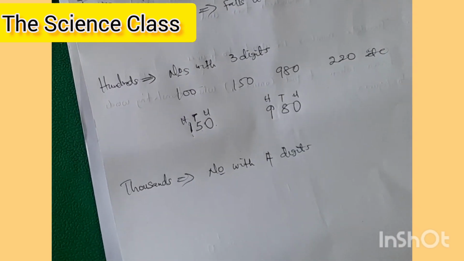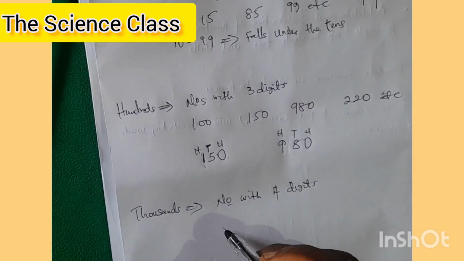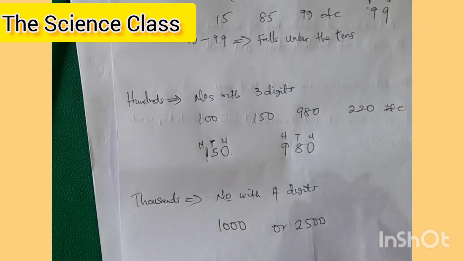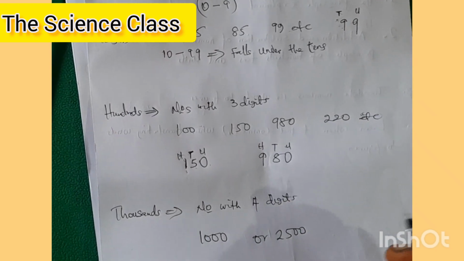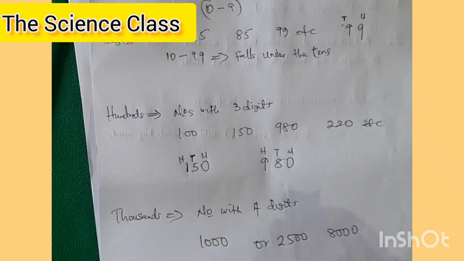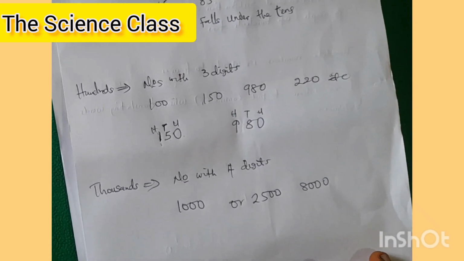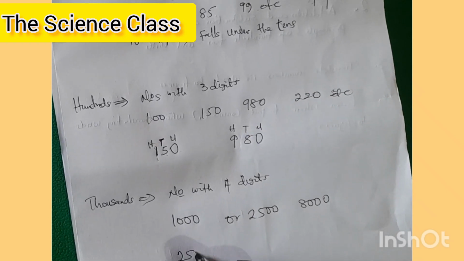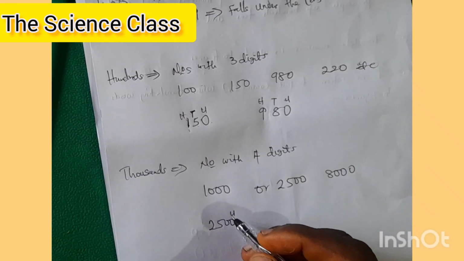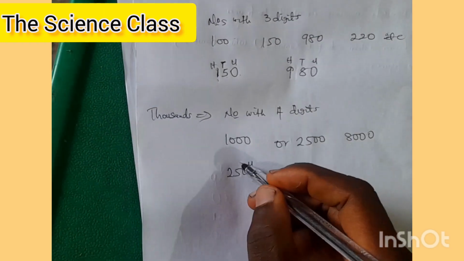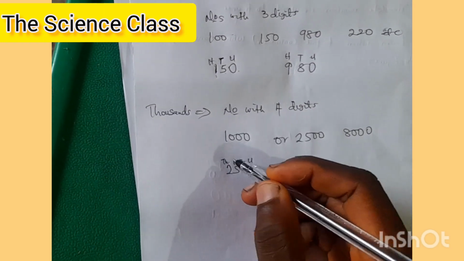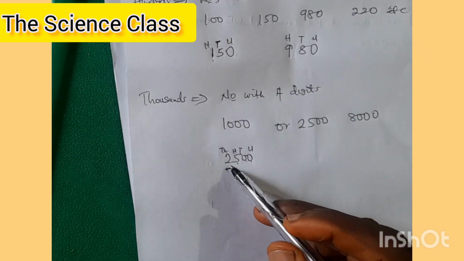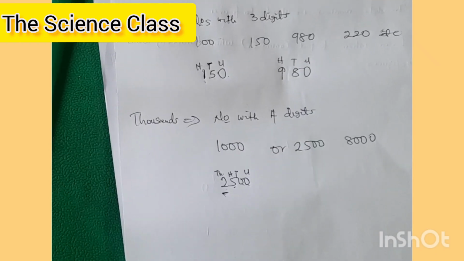For example, you have 1000 or 2500 or 8000, etc. These numbers are in the thousands level, and can be written as 2500, for example. This is the unit, this is the tens, this is the hundreds, and this is the thousands. So this is 2500. So that is the thousands level.